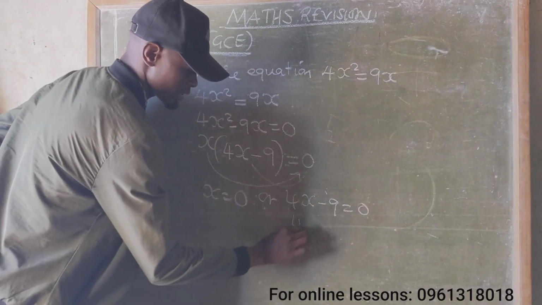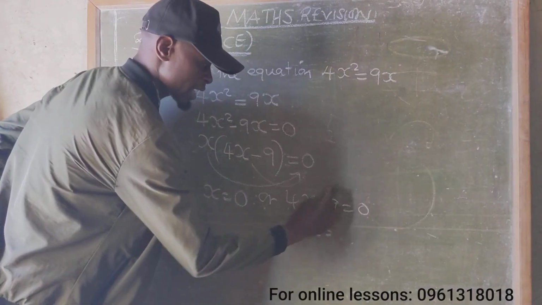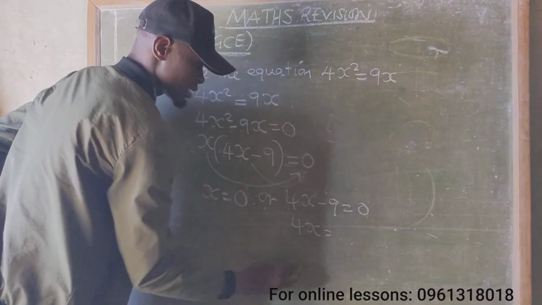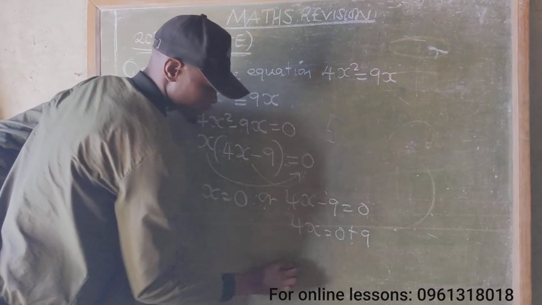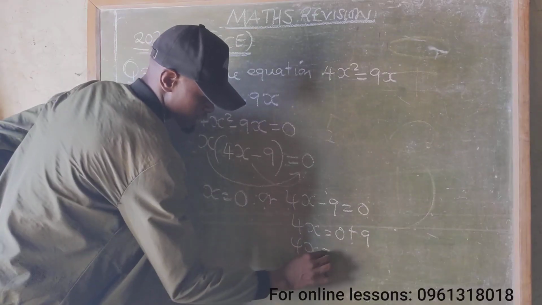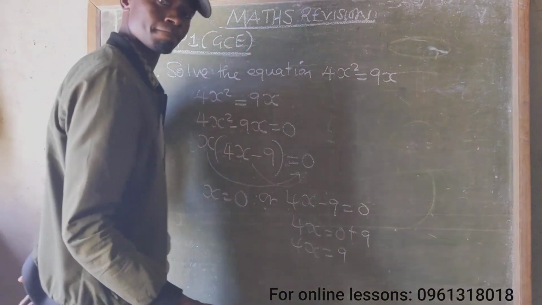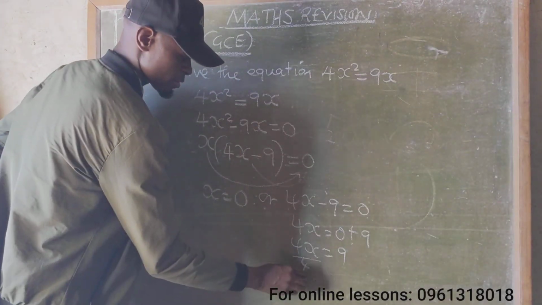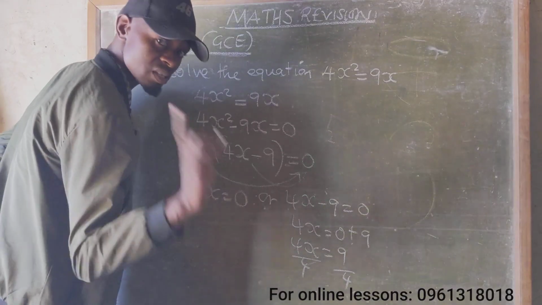So you have 4x. Here you collect the like terms. This negative 9 will come this side. It will be positive, so it will be 0 plus 9. So 4x equal to 9. To find the value of x, divide both sides by 4. So we have 4, then here 4. So 4 and 4 cancel.